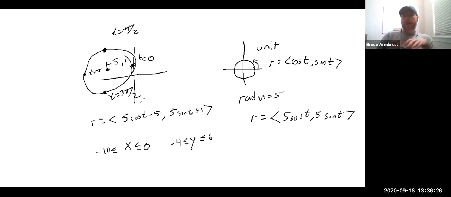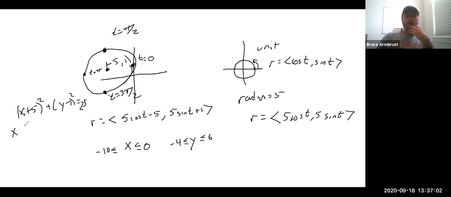Now, I know why you're thinking you wanted to subtract that. I know exactly why you're thinking that. Because when you go to the form for a circle in rectangular, this would be x plus 5 squared plus y minus 1 squared is equal to r squared, so is equal to 25. But what we're doing is we're basically making use of the Pythagorean identity.